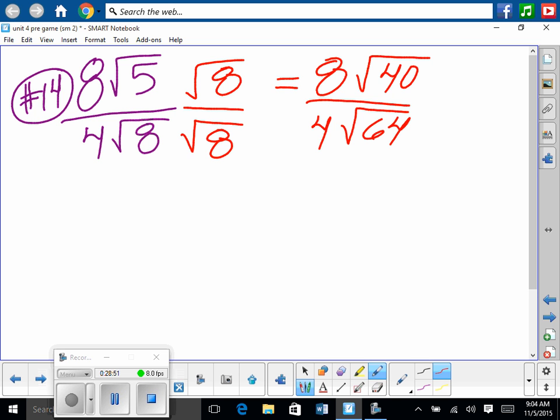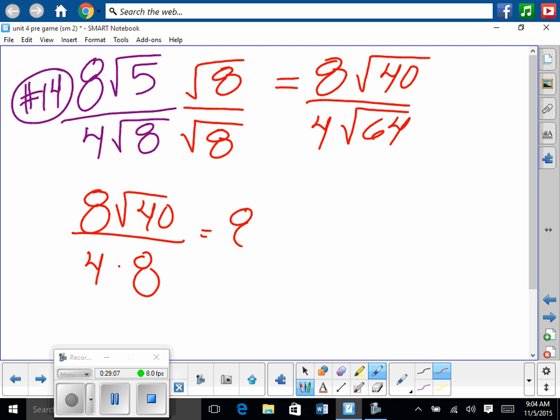Is everybody following me? You're sure? Okay, so on top, we have 8 square roots of 40, and on bottom we have 4 times 8, right? The square root of 64 is 8. Are you all listening? Yeah. So really what we have is 8 square roots of 40 over 32.